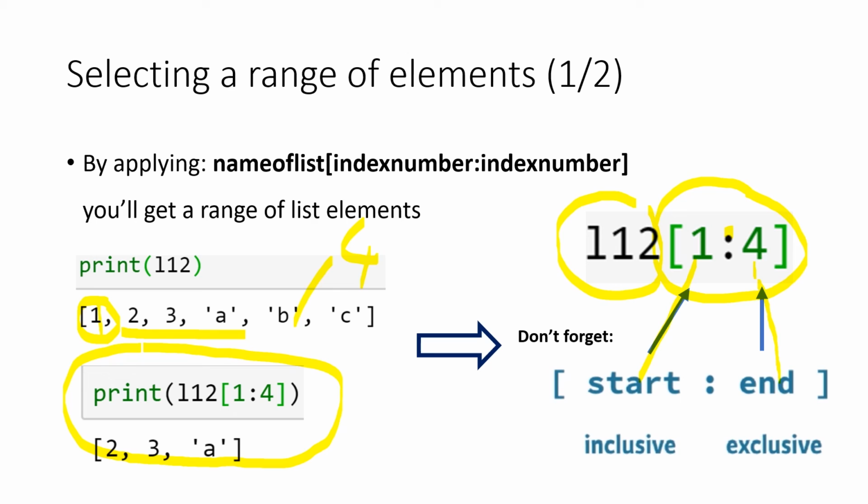So we know the end is always exclusive, so that means that B will not be included in our range. So overall, if you want to have a range of elements, just first select the name of your list, and afterwards put in square brackets the beginning element or index number and the ending index number. And don't forget that the end is always exclusive, beginning is always inclusive.